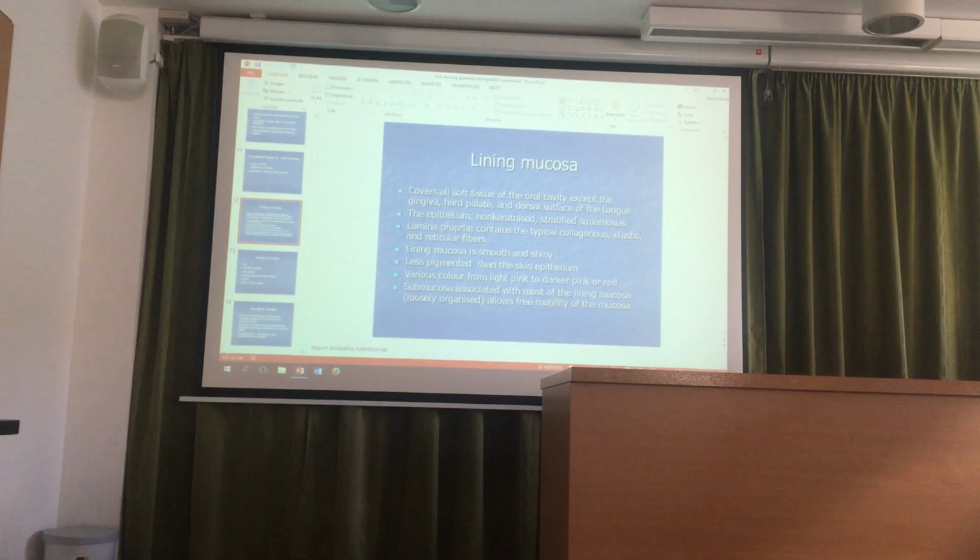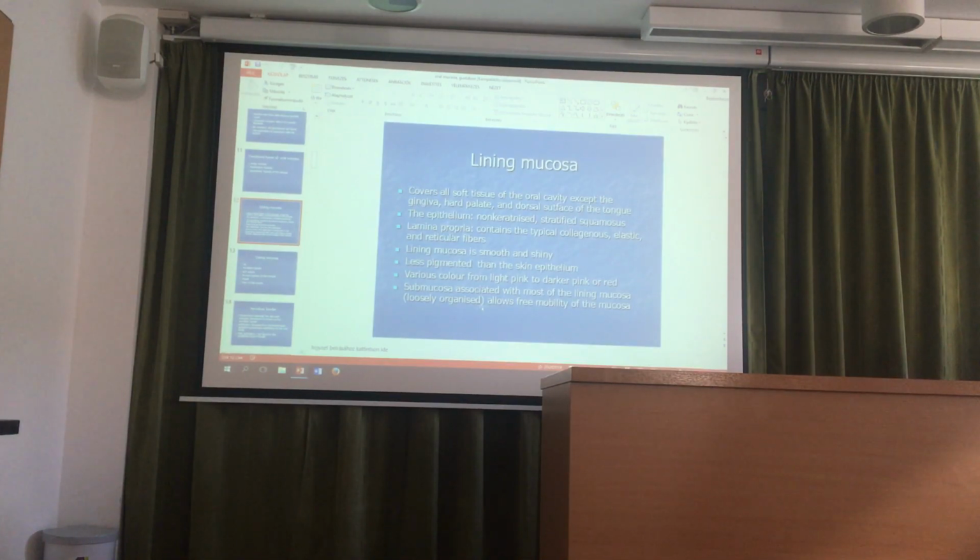It is less pigmented than the skin epithelium, which is very important. It can have various colors, from light pink to darker pink or red. Inside your lips, it's quite red, but inside your cheek it's rather pink, because it depends on how many blood vessels can be found there.